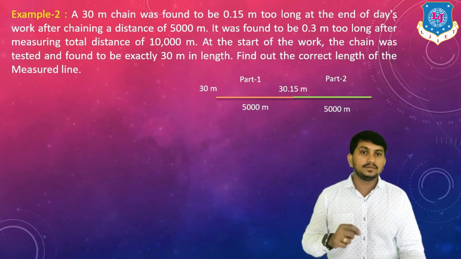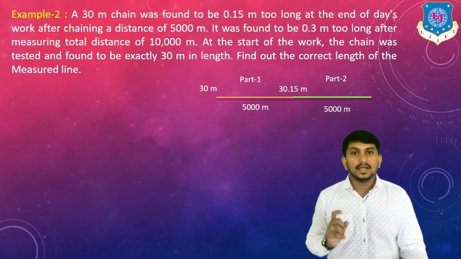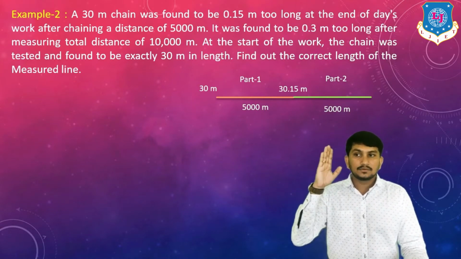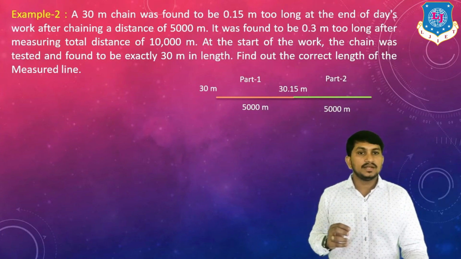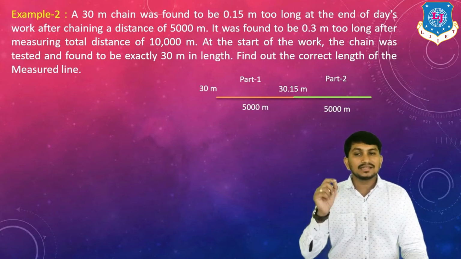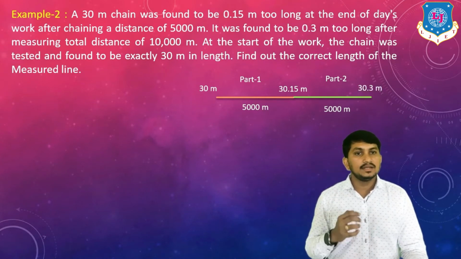So the length of the chain after 5000 meter is 30.15 meter. And after measuring the total distance of 10,000 meter, the chain is about 0.3 meter too long. So at the end, the length of the chain is 30.3 meter.